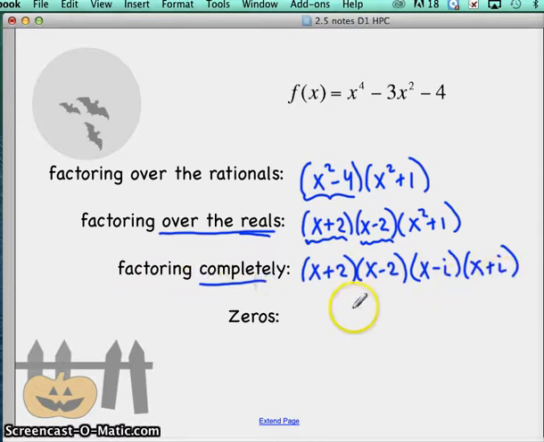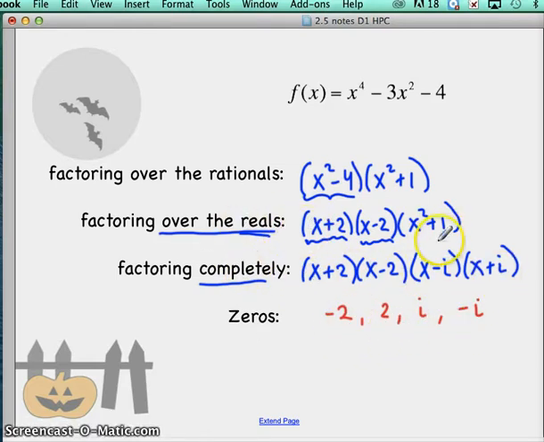It's factored completely because every single solution has its own factor. And again, the solutions or the zeros were -2, +2, i, and -i. So you can see completely factored, every single solution has its own factor.